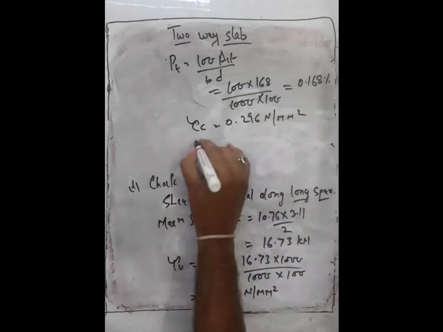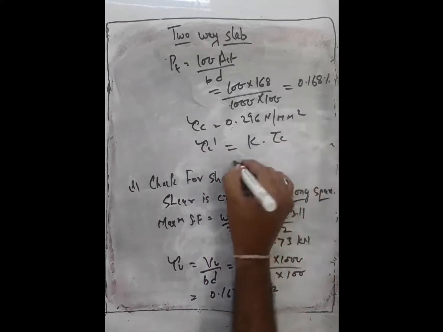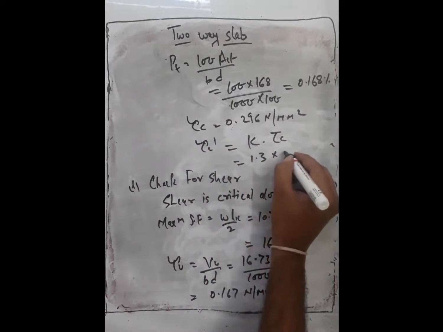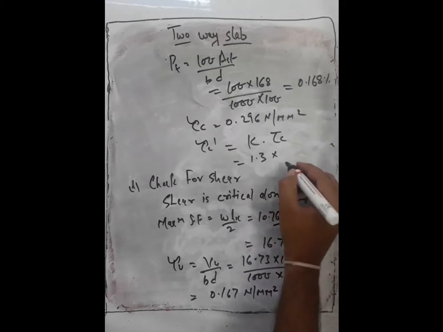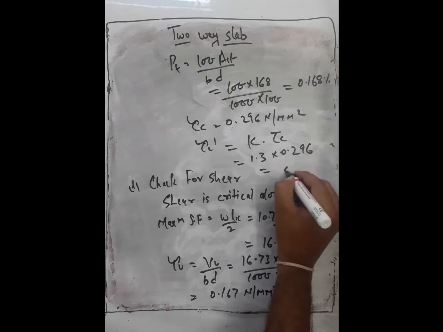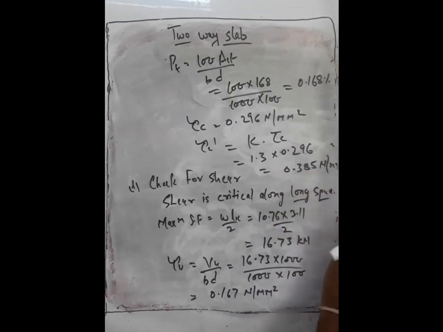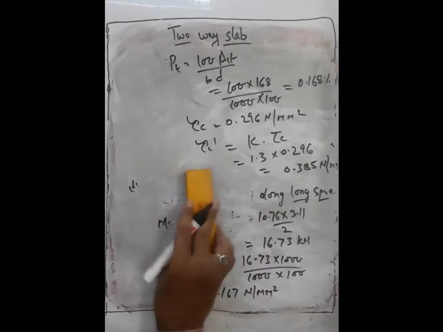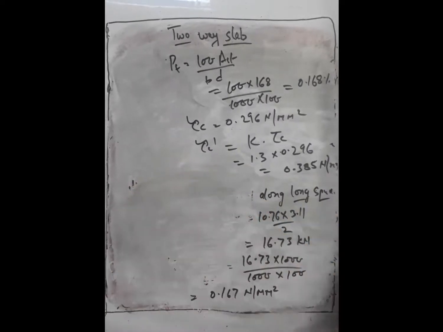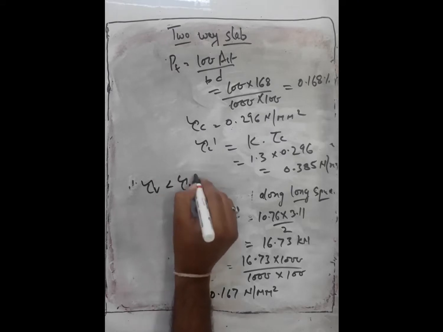Now we have to find tau C dash. So tau C dash is equal to K times tau C. So 1.3 into 0.296, we get 0.385 Newton per mm square. After getting this value, we see that tau V is less than tau C dash.